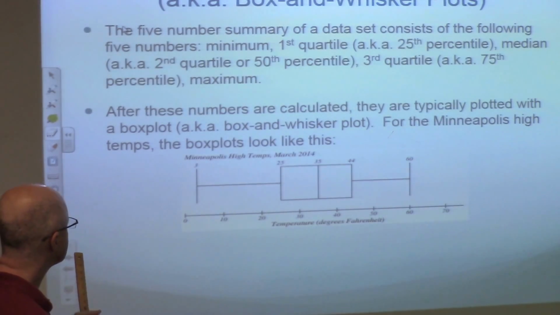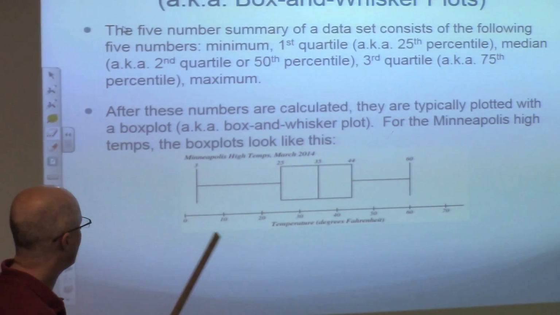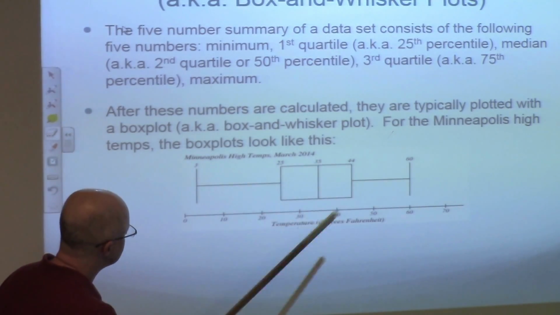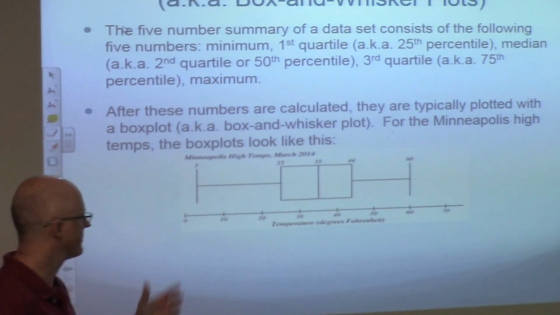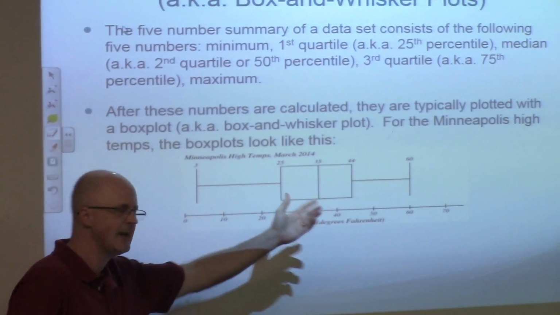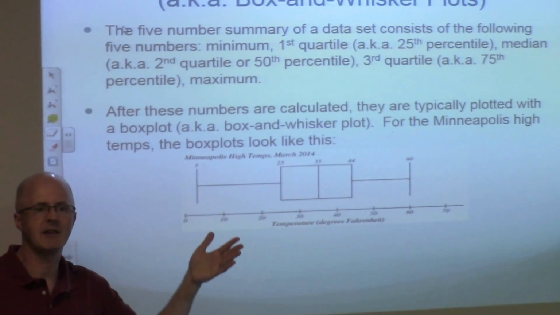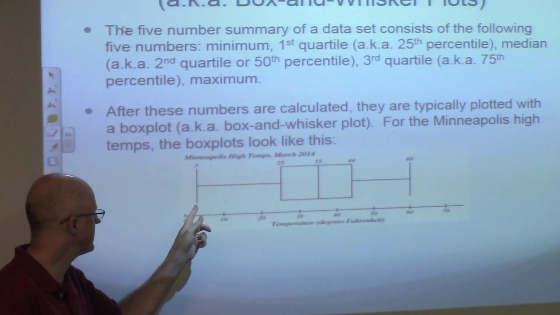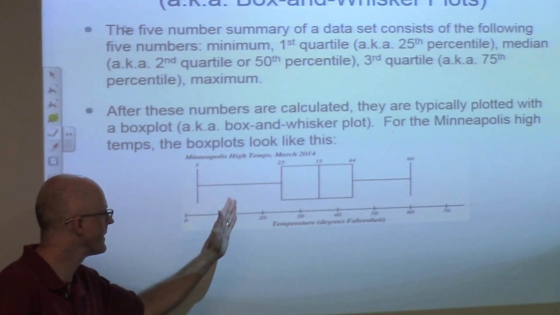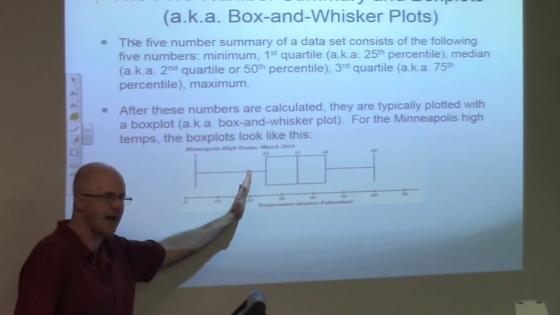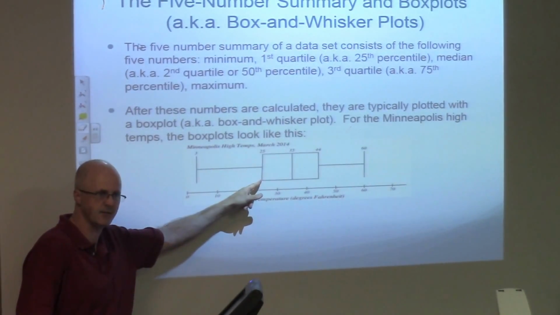What do you see when you see this picture? You also see this box in here, which is why it's called a box plot. The box causes your eye to focus on the middle. The minimum and maximum are greatly affected by outliers. If we didn't have that 3-degree day, and we didn't have any other days below, say, 15 degrees, that minimum could be a lot closer to the first quartile.